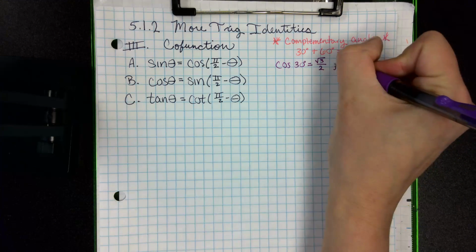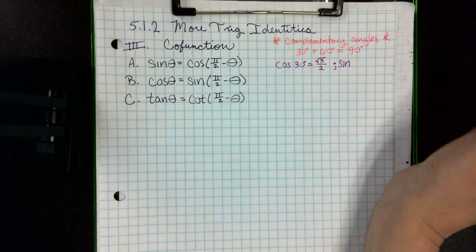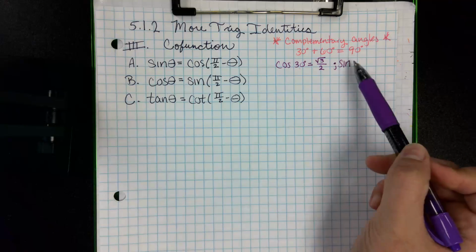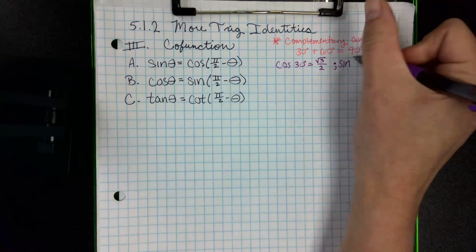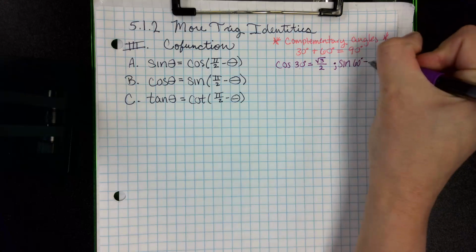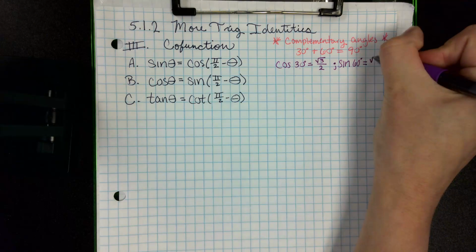And if I look at the sine of its complement, the sine of 60 degrees, on the unit circle it is square root 3 over 2.